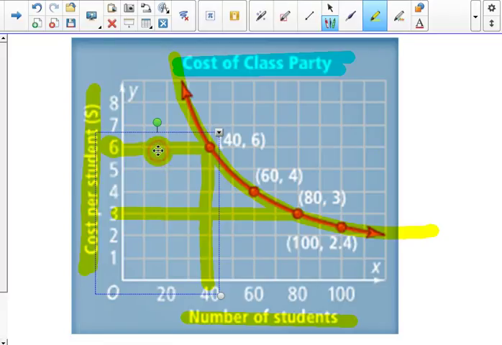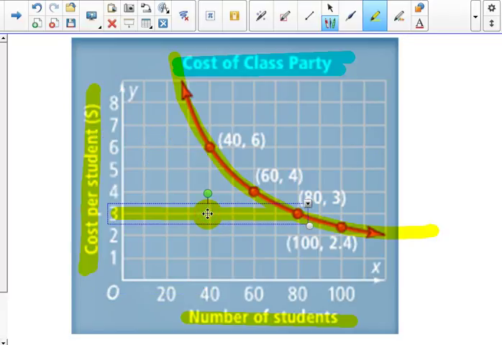So you want to get as many students to come to these things as possible because it'll cost less for everybody. Now, what happens when we add the $8 cost for each student to have food? What's going to happen to this graph? And that's what I want you to think about and write about in your journal, and we'll revisit this in about a minute.